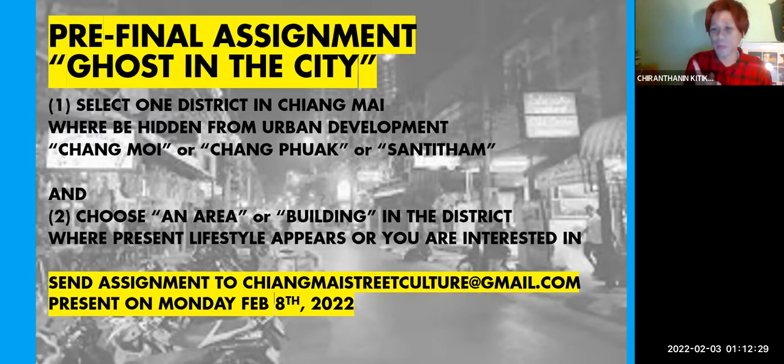You just choose one district with your reason, and then jump to understand it from Google Map, Google Earth, or any GPS mapping network data from the internet, and try to look at the area, look at the buildings, and then you just choose one area or one building.